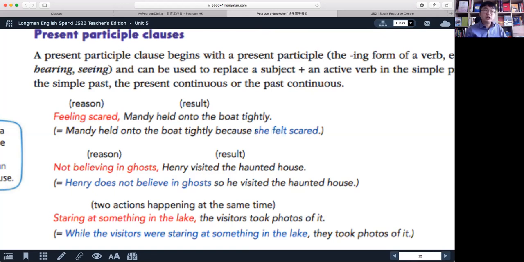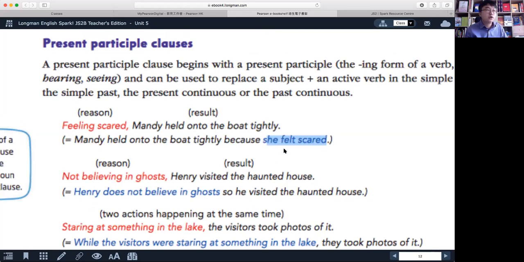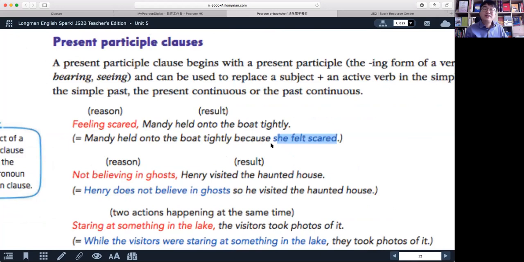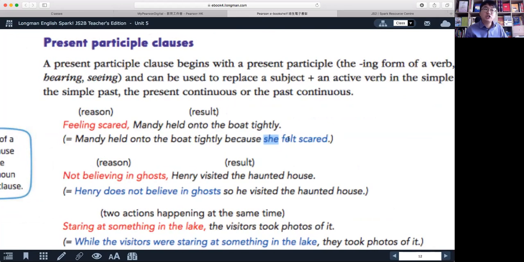So when we change this part of the sentence to a present participle clause, we have to delete she and change this verb, an active verb in past tense, to a present participle, like this one: feeling, verb plus ing. So this is how we form a present participle clause.